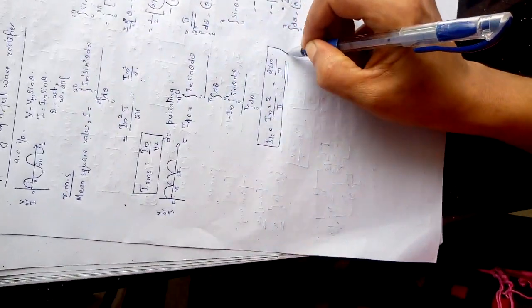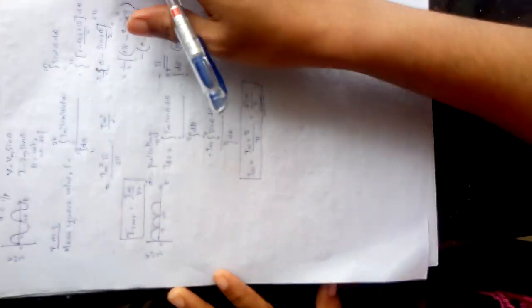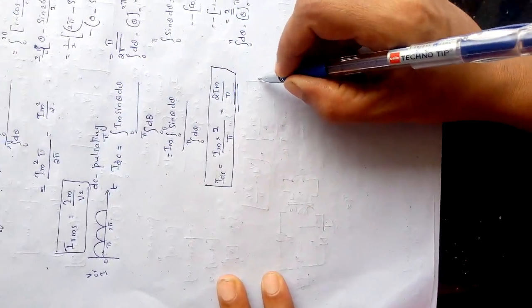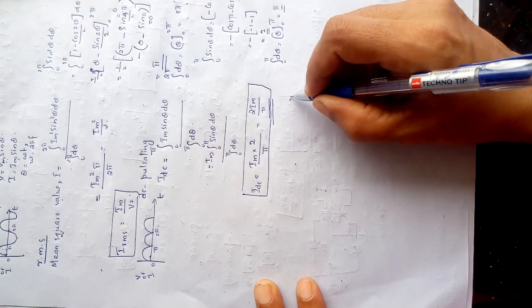Now next we come to the output of the full wave rectifier circuit. The full wave rectifier circuit you can draw like this.